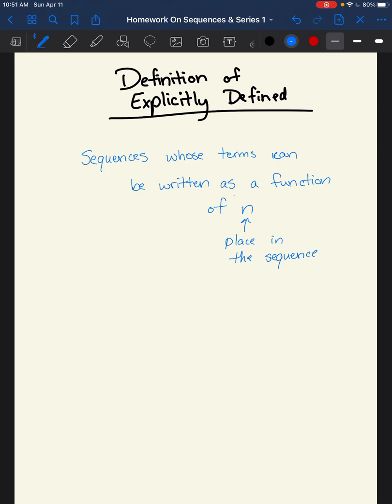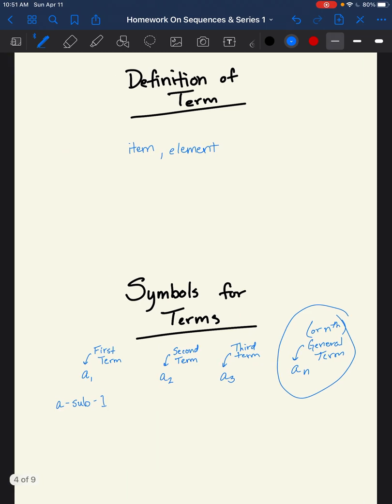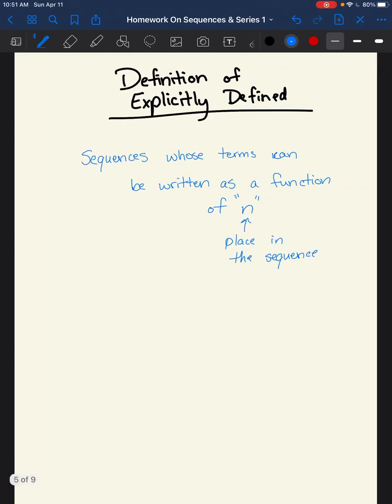Now this n is a variable. Another way to describe it would be the index. Again, it's just telling me which place. Is it the first term? Is it the second term? Is it the third term, the fourth or fifth or sixth? Which place is it in the sequence?